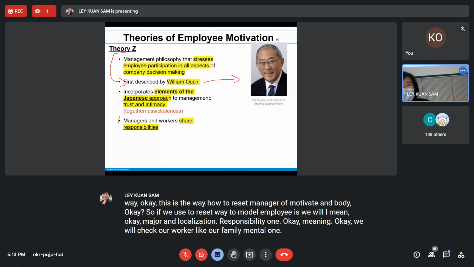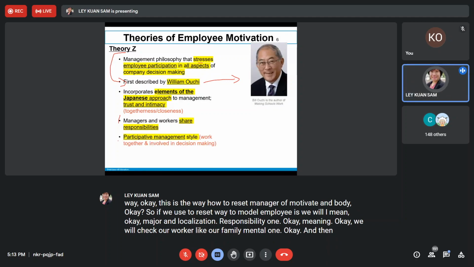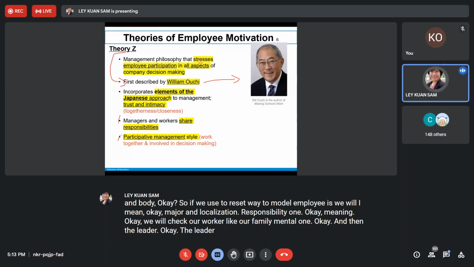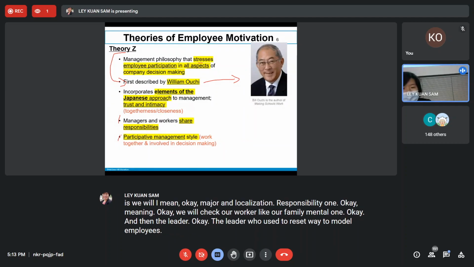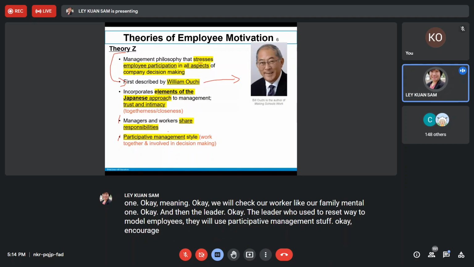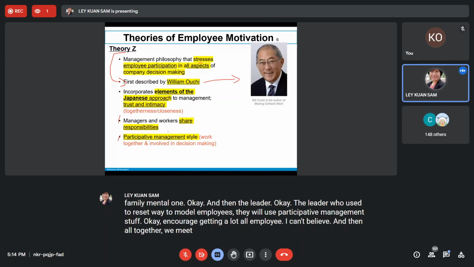And then the leader who use Theory Z way to motivate employees, they will use participative management style. Okay, they will allow, they will encourage all employees attend a meeting, and then all together we make the decision.